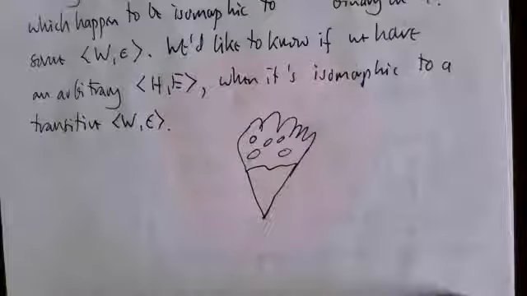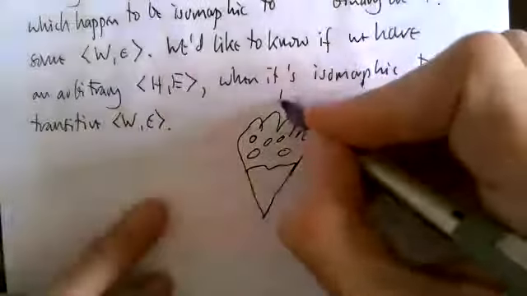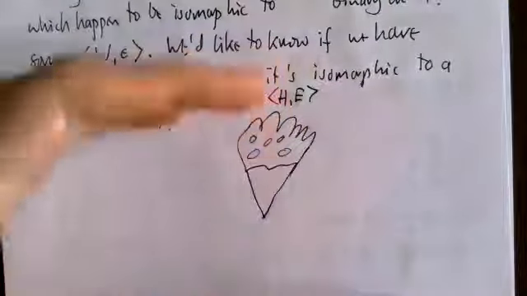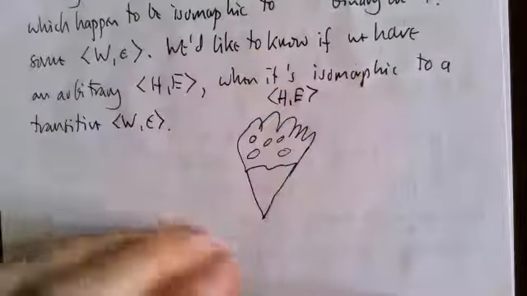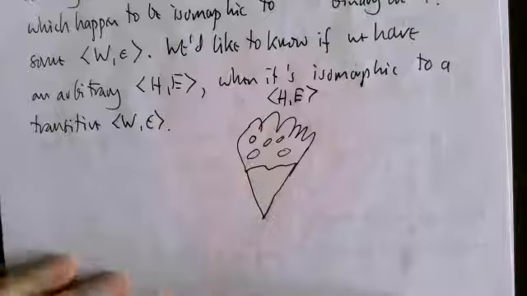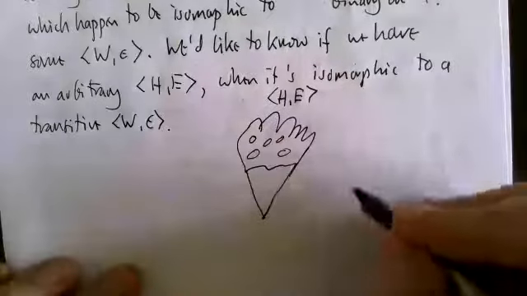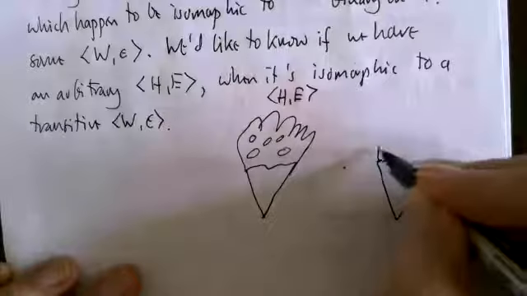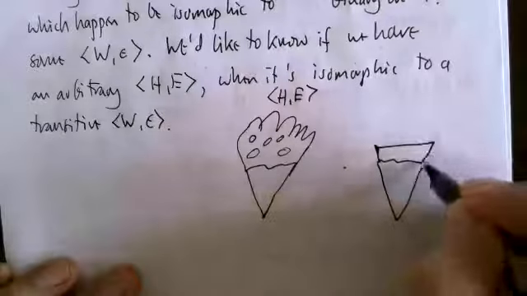What the next lemma does is give two simple conditions so that if this is my H here, I can squash the air out of the froth at the top and perhaps make it a nice transitive epsilon model.